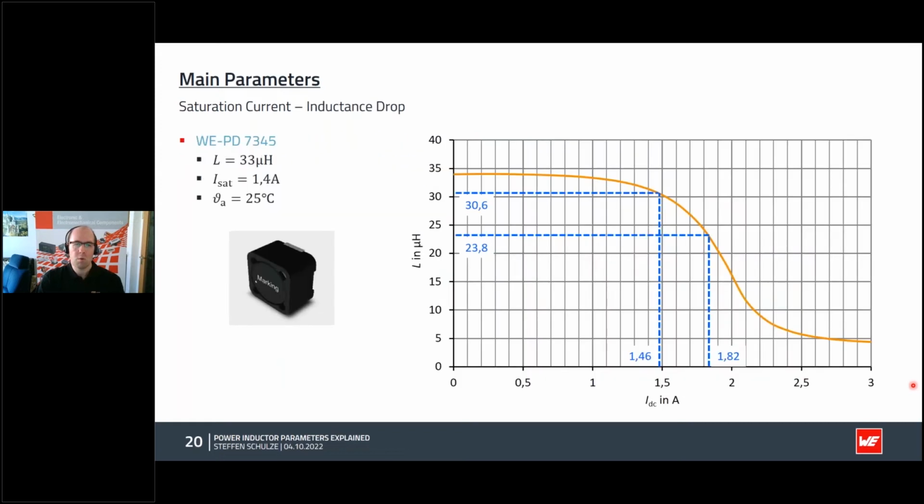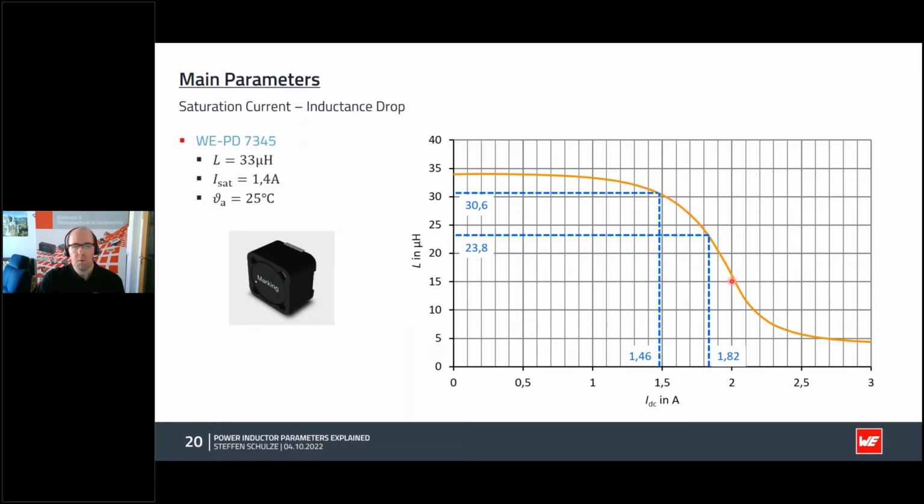Again, this is only one operating point on the saturation curve, which is shown here in orange. The operating point would be here for the definition of 10% inductance drop at 1.46 amps. If I would define 30% inductance drop for the same component, then I would be on this part of the curve, and the saturation current would be higher.